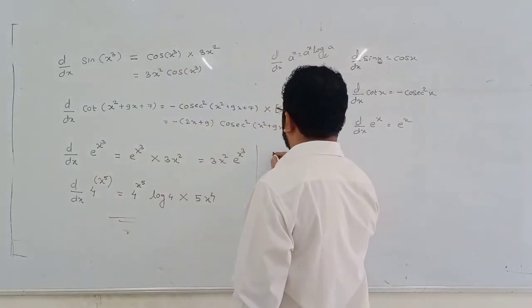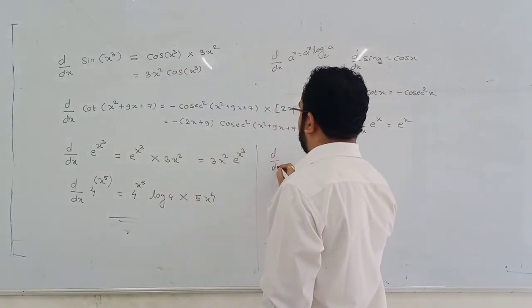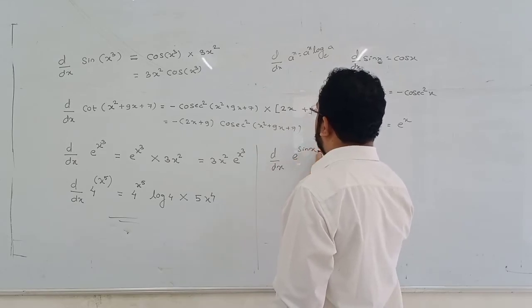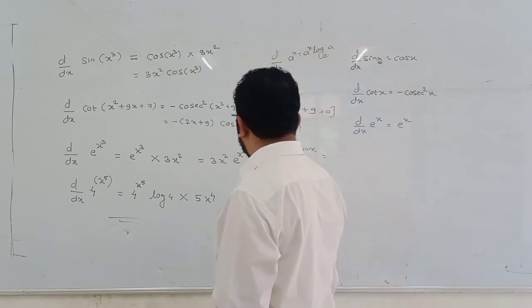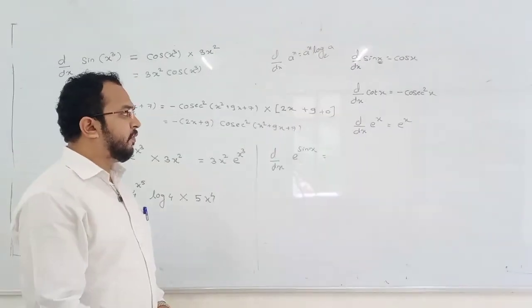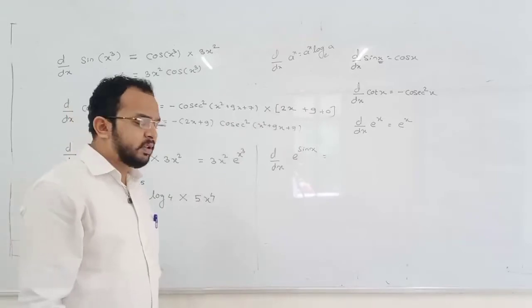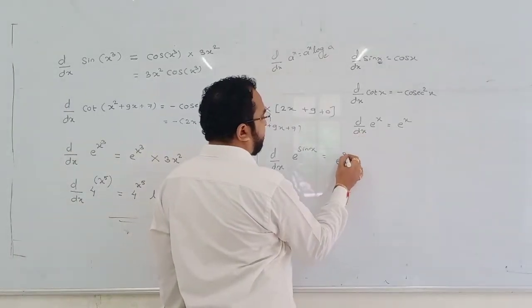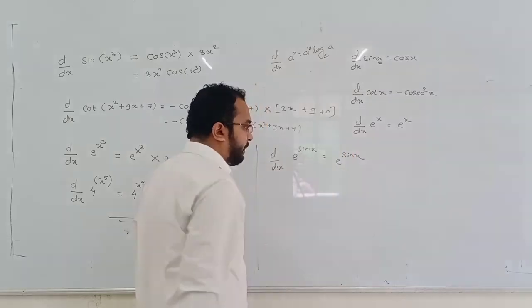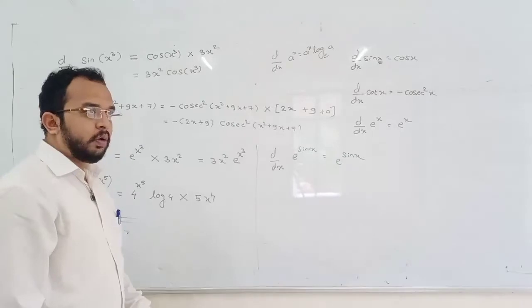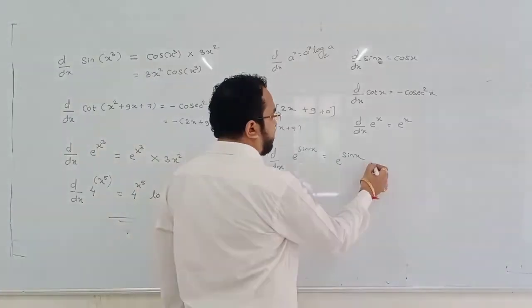Suppose the question is like this: differentiation of e to the power sin x. Now, what is the differentiation of e to the power something? As per this rule, it will be e to the power something. But this something is not x. It is sin x. So, by chain rule, multiply the differentiation of sin x here.